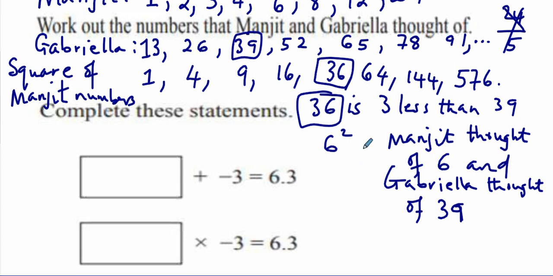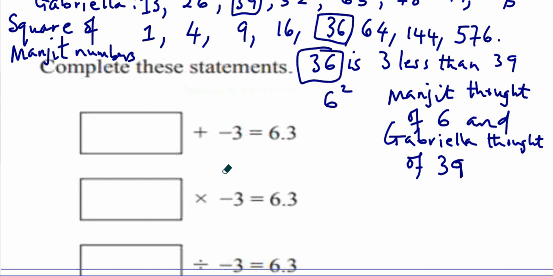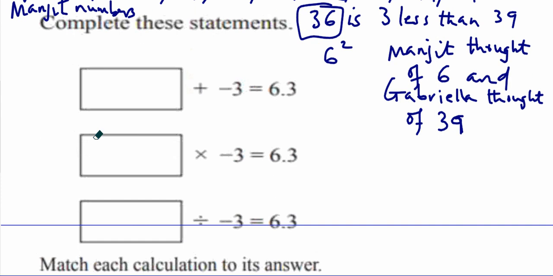Because if you take the square of 6, you get 36. But 36 is 3 less than 39. So Manjit thought of 6 and Gabriela thought of 39. I hope that helps.